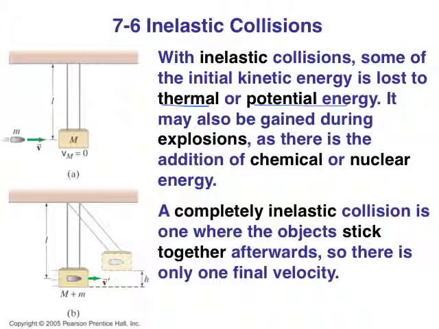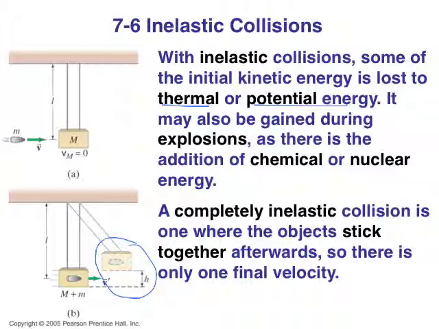The picture here is actually showing a loss to potential energy because we're gaining in height. Okay? Or a collision where things get stuck together, which is the most common inelastic collision, that sticking together causes friction and therefore thermal energy is lost. Okay?